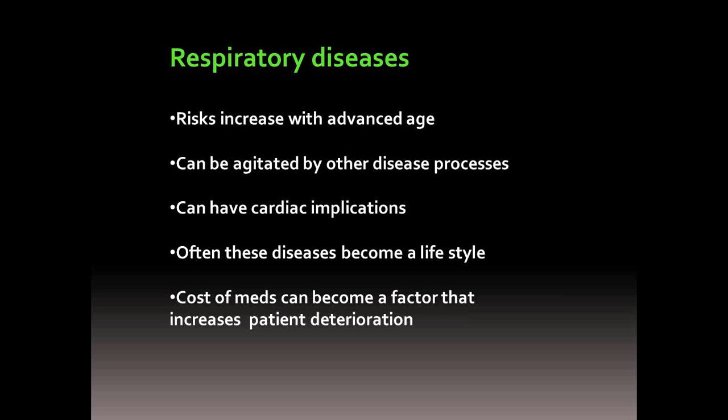And when it backs up into the vessels that surround the lungs, those little capillaries and those arteries and veins in the lung system, that fluid's got to go somewhere, so it, by osmosis, comes across the membranes and goes into those little lung sacs. And so we end up with a patient who's trying to breathe through a bunch of water.